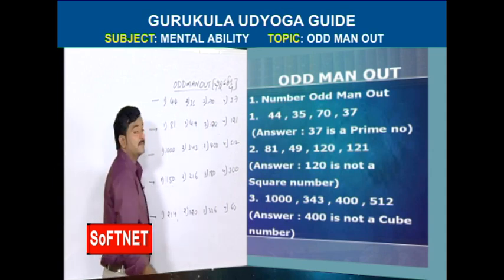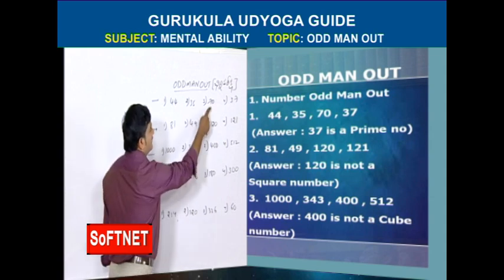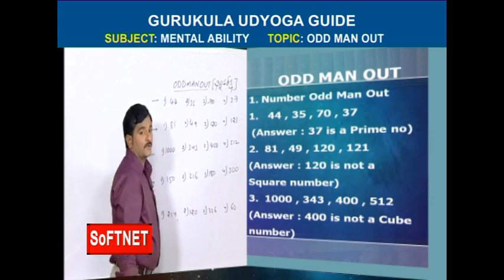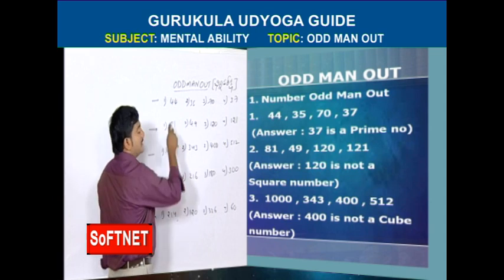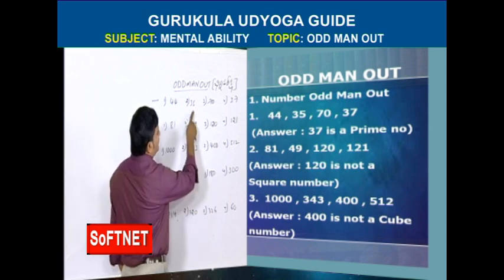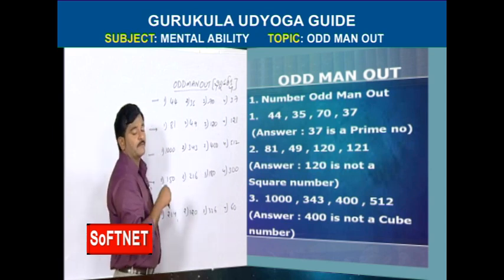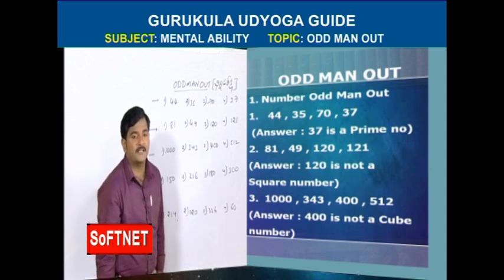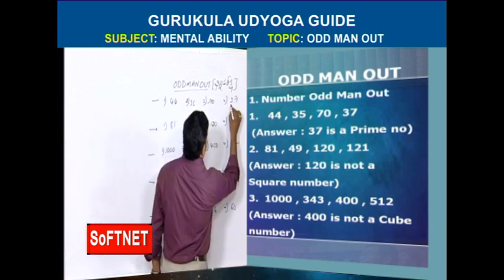These 3 numbers are composite numbers because they have different factors. 44 is a composite number, in other words 44 is not a prime, 35 is not a prime, 70 is not a prime. What about 37? 37 is prime. Hence the answer for this question is the fourth option.